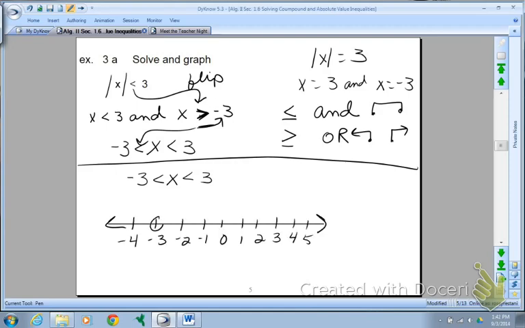Open circle at negative 3, open circle at positive 3, and everything in between. Now, how would we put this in interval notation? Negative 3 to positive 3 with parentheses, because parentheses mean they're not included.